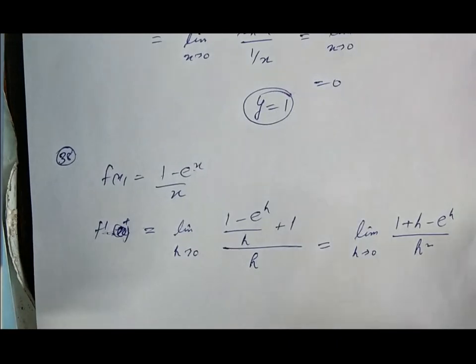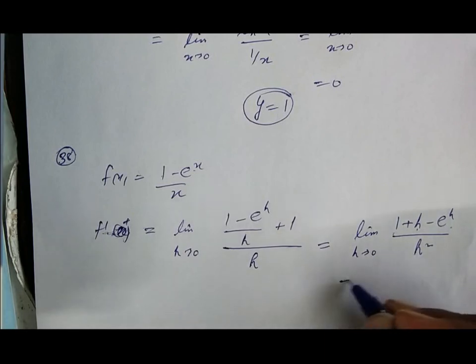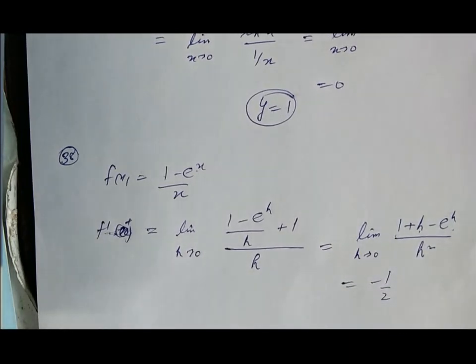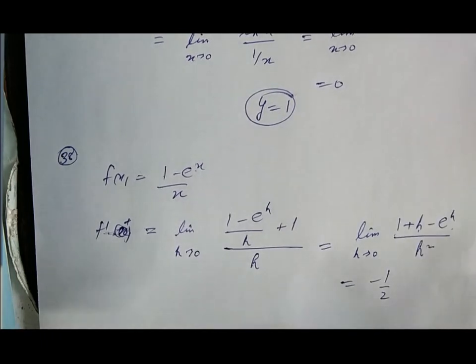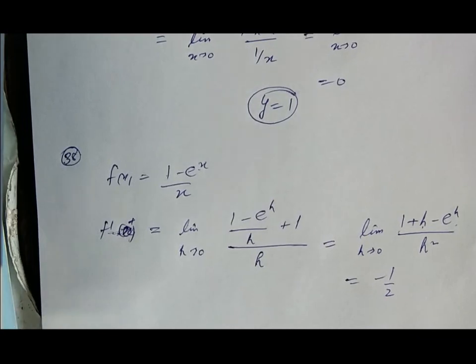And when you apply expansion, 1 plus h would cancel out and h square by 2 factorial would remain, which would give us answer minus half. Similarly, you can calculate f dash 0 negative. Moving to question number 41.